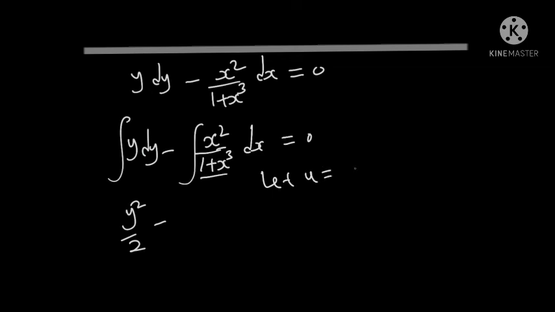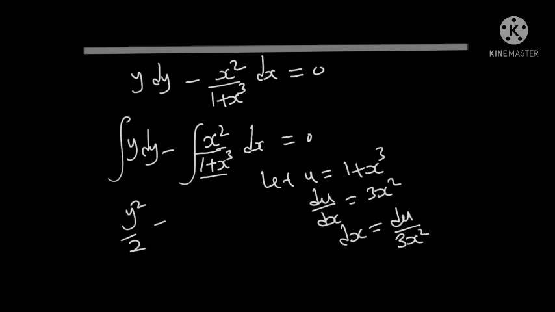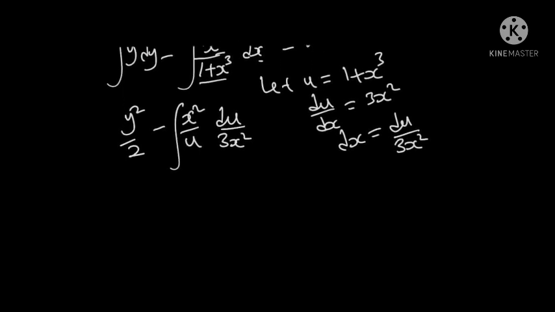Let u be equal to 1 plus x cubed. Our du dx will be equal to 3x squared. Therefore, our dx is equal to du over 3x squared. So back here now we have the integral of x squared over u, and our dx is the same as du over 3x squared. So we have y squared over 2 minus, x squared and x squared will cancel.